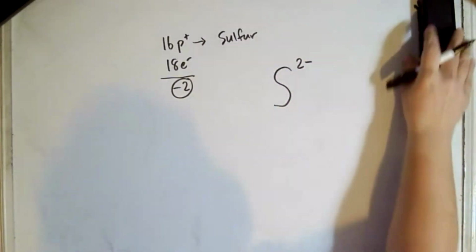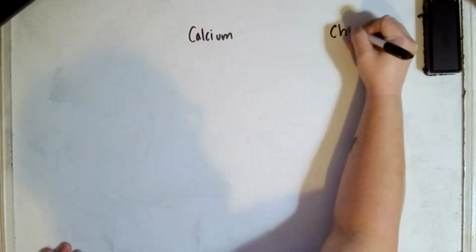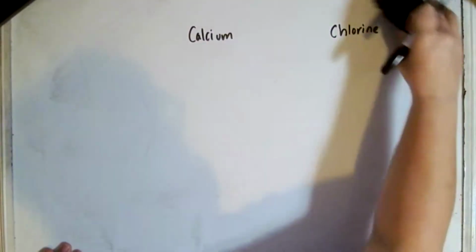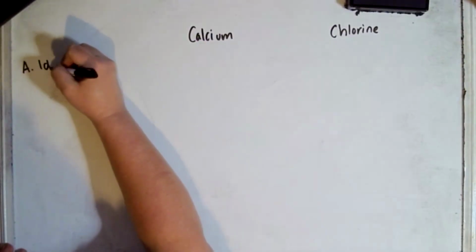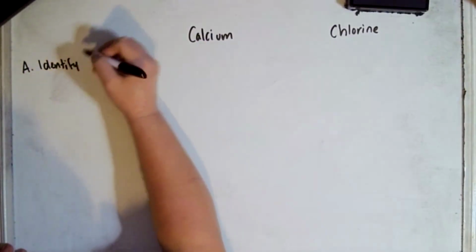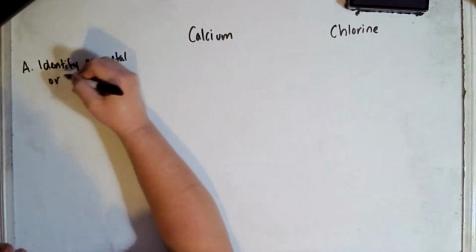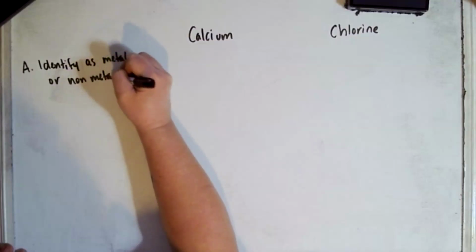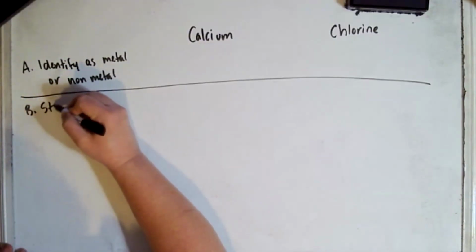The next question from our learning check says, consider the elements calcium and chlorine. Let's actually write this a little bit further over here. So we've got calcium and we've got chlorine. And they want us to look at 4 different questions. First question is, identify each as a metal or a non-metal. State the number of valence electrons for each.